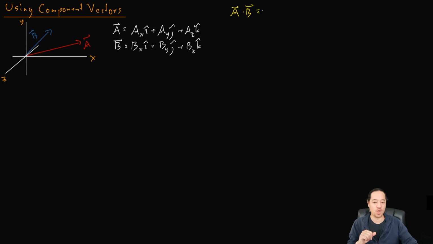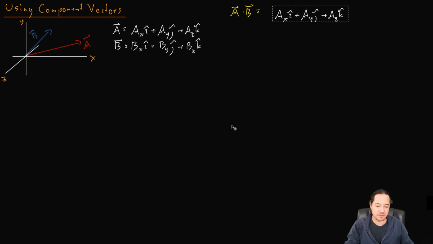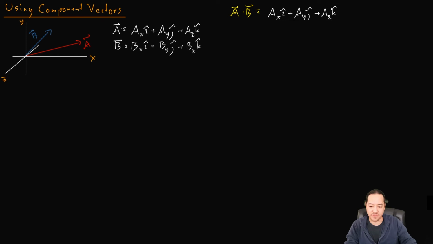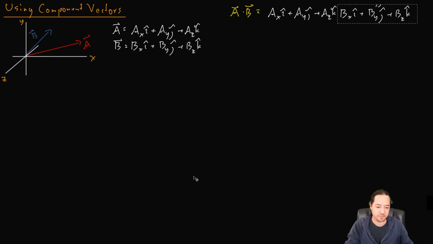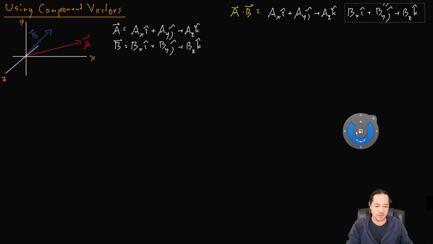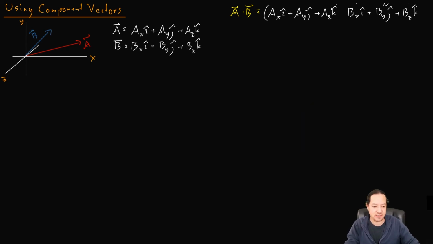Well, if this is A, and if this is B, then I should be able to write down A dot B as A dot B.